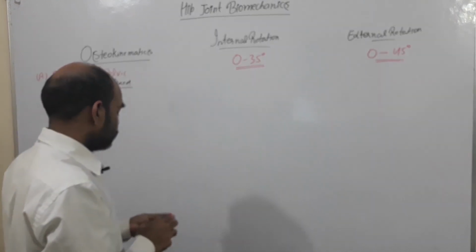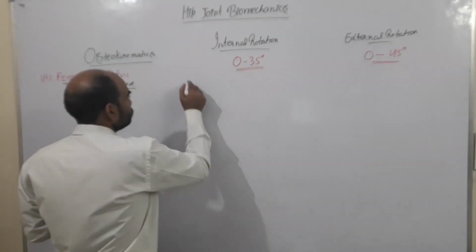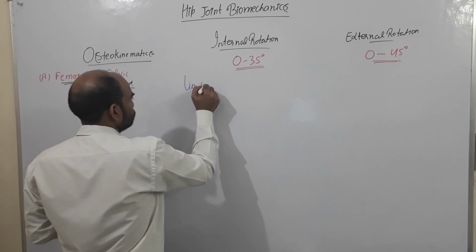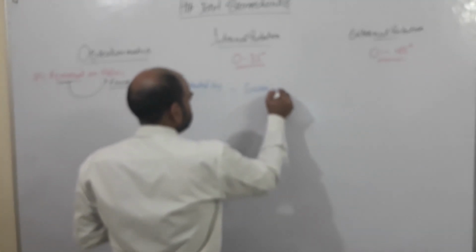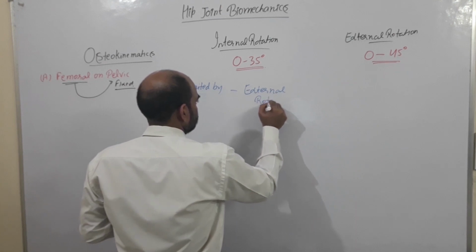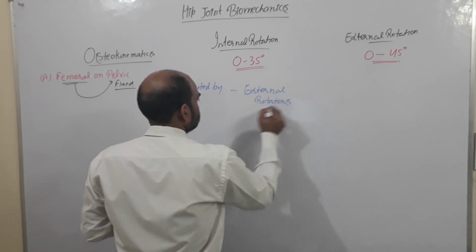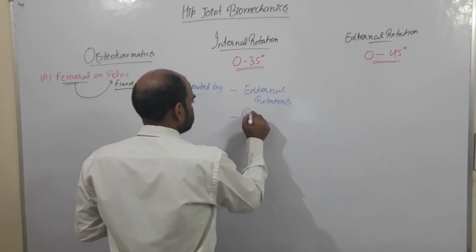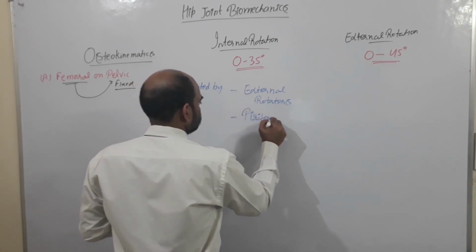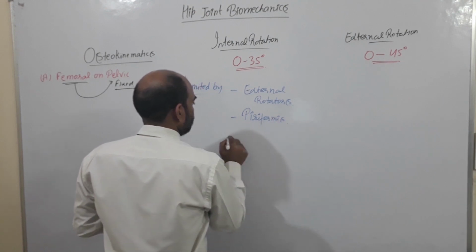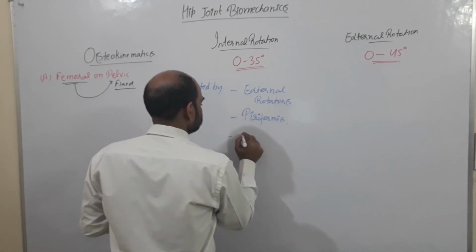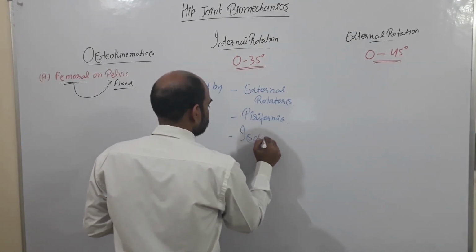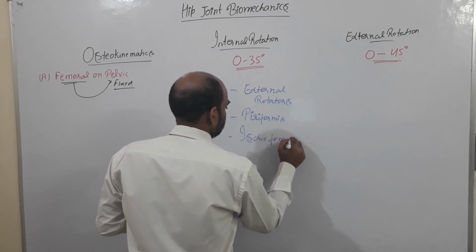Internal rotation is mainly limited by external rotator piriformis and ligament called ischiofemoral ligament.